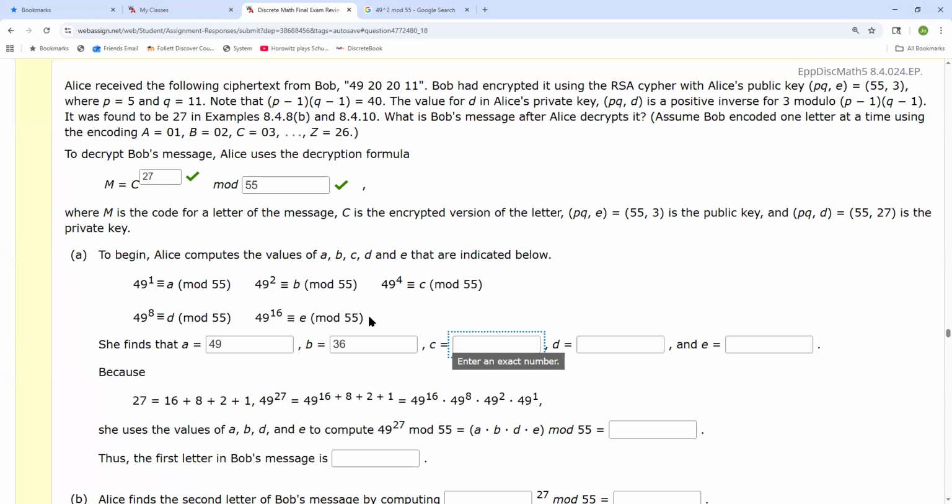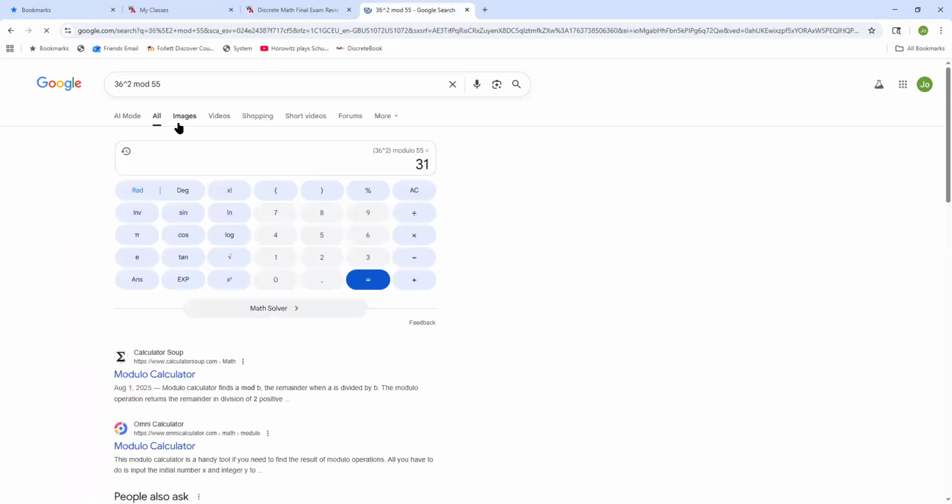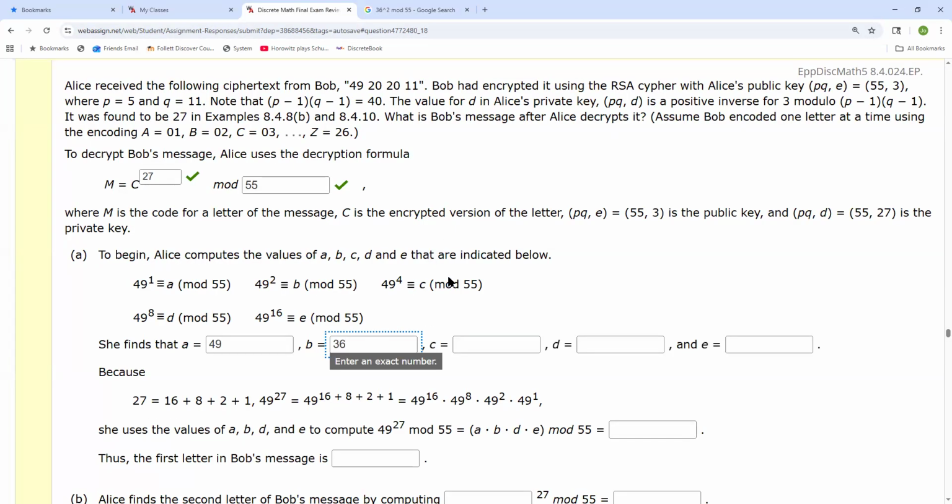Well, since I already know 49 squared, remember 49 to the fourth is just 49 squared squared. So I already know that B is equal to 36. So I just take 36 squared mod 55, which is 31.